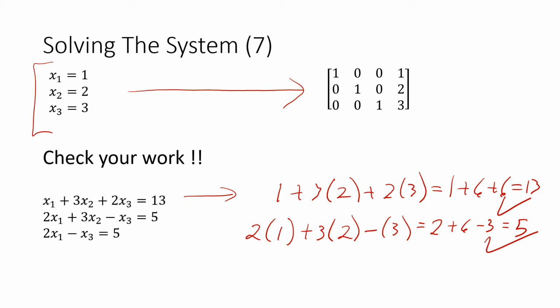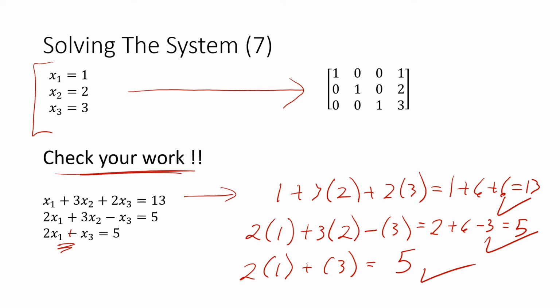My final equation, 2 times x1, which is 1, plus x3, which is 3. Oh sorry, that is a plus, not a minus. That gives me 2 plus 3 equals 5. That checks out. Sorry, I just wrote that down wrong. That gives me 5. So that works out.